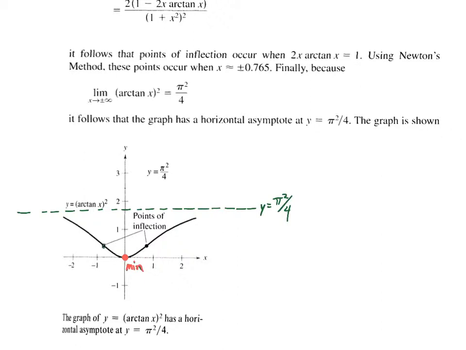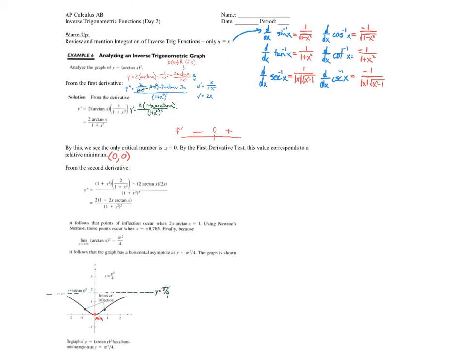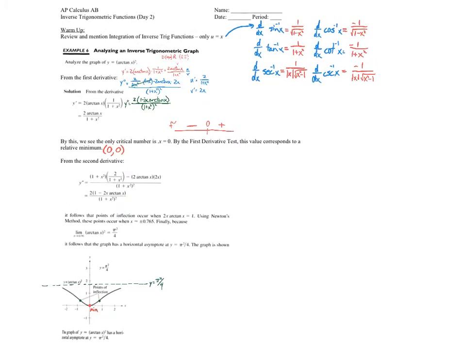And then here are those points of inflection at plus or minus 0.765. So that's one analysis. Notice the application really hasn't changed. We're doing the same stuff we did with all of our other functions. We just have new functions we're capable of doing it with.